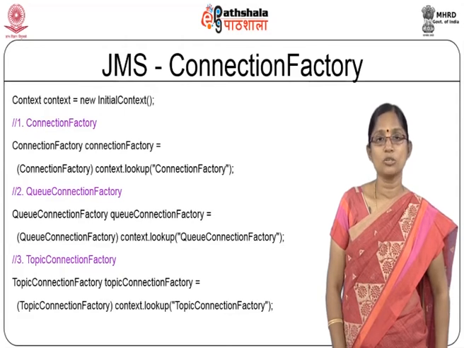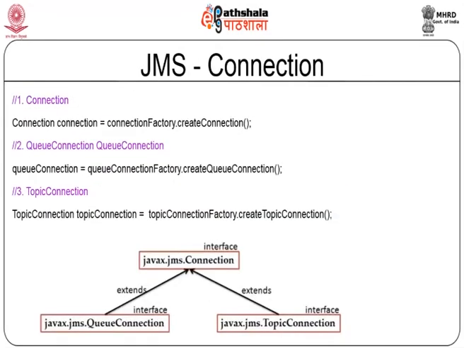Then the connection can be created as either a QueueConnection or TopicConnection. This QueueConnection or TopicConnection has to be created only from the QueueConnectionFactory handle or TopicConnectionFactory handle that you can see in the second and third lines.